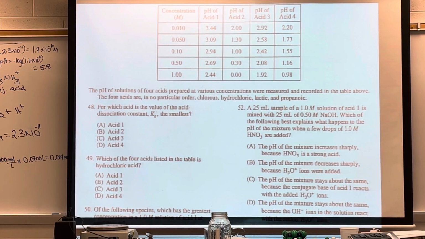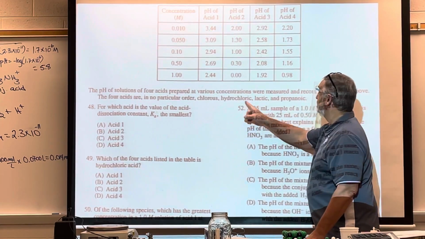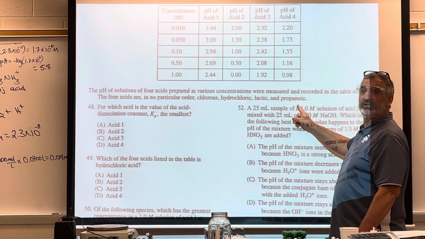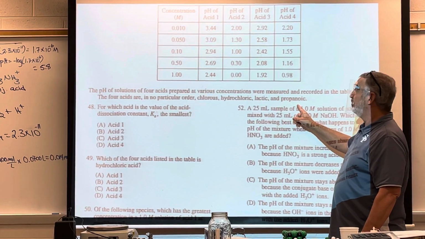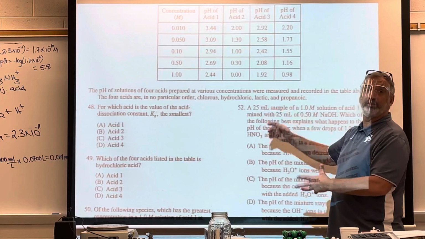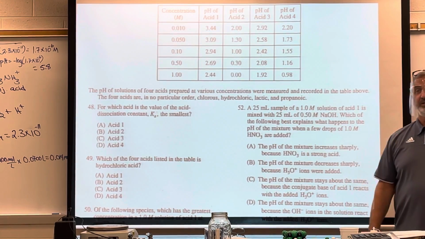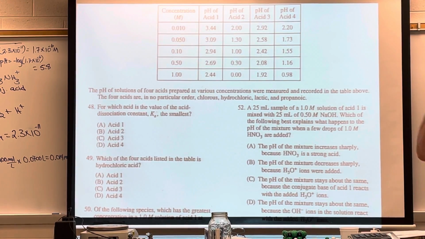Now, hydrochloric acid. First off, chlorous, hydrochloric, lactic, and propionic. Which one is different than the others? Hydrochloric. Why, Reagan? Because it's the strong acid. All the other three are going to be weak acids. And we know that because we've memorized our 6 strong acids.